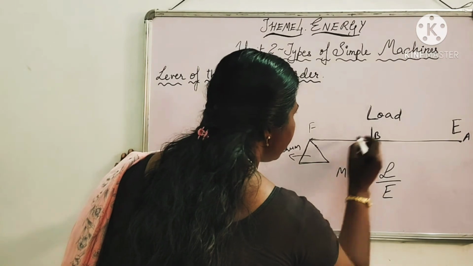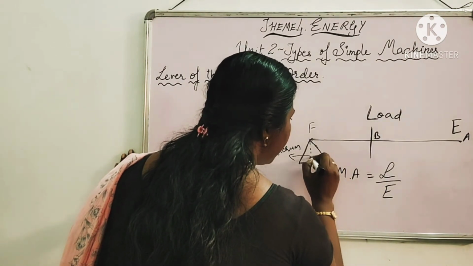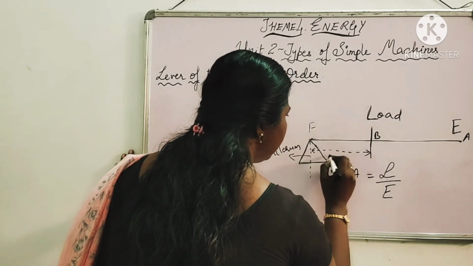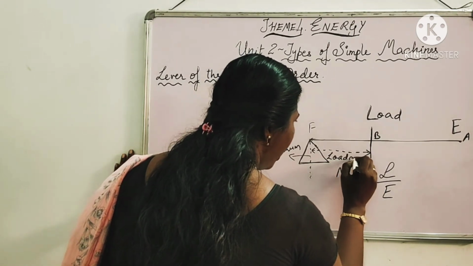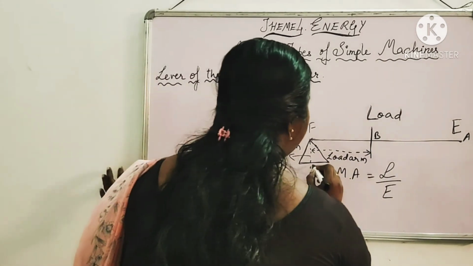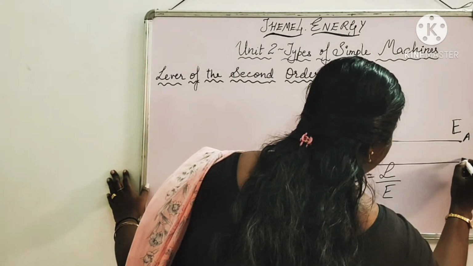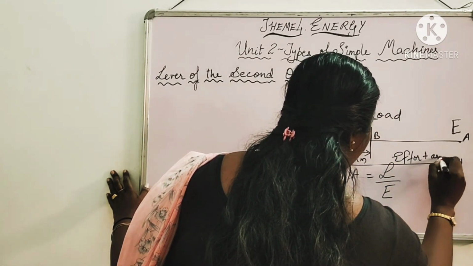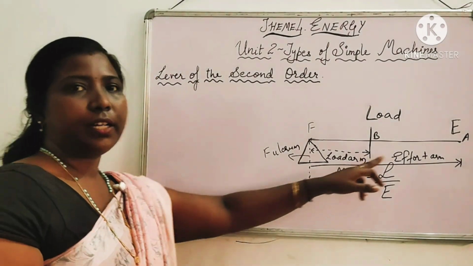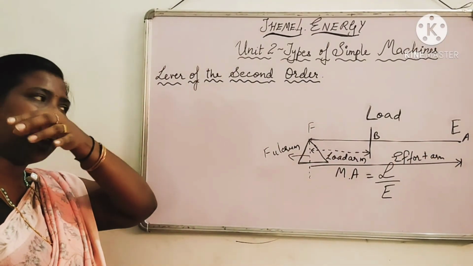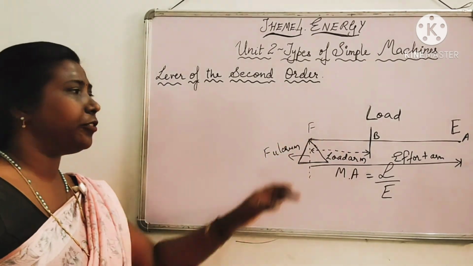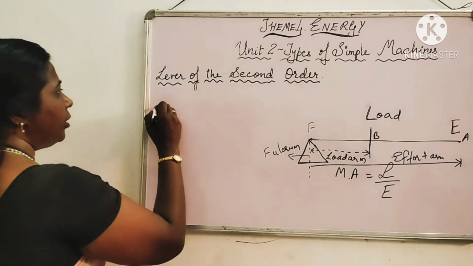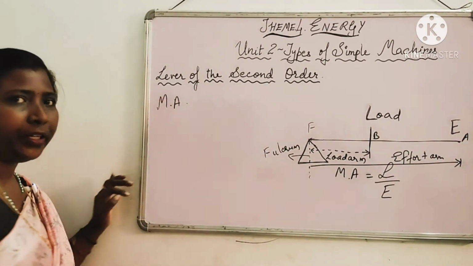This is the load, this is the fulcrum, this becomes the load arm, and this becomes the effort arm. By seeing only, you can understand this effort arm is greater than the load arm. The load arm will always be less, and the effort arm will be greater. Then the mechanical advantage will be different, isn't it?